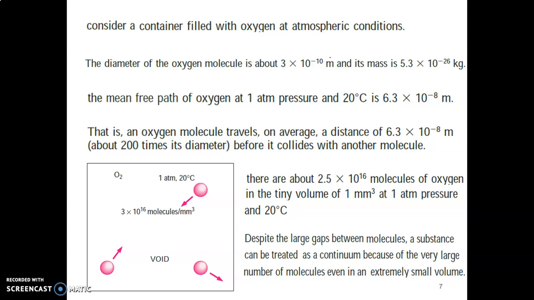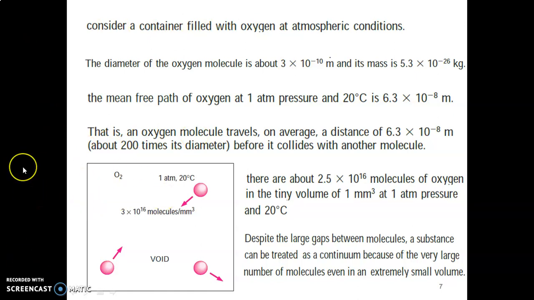So in some conditions, we need to come out of the continuum approach. In certain subjects at certain topics, we need to go out of this continuum concept. But throughout this subject, mechanics of fluids, we will be continuously following this continuum concept.